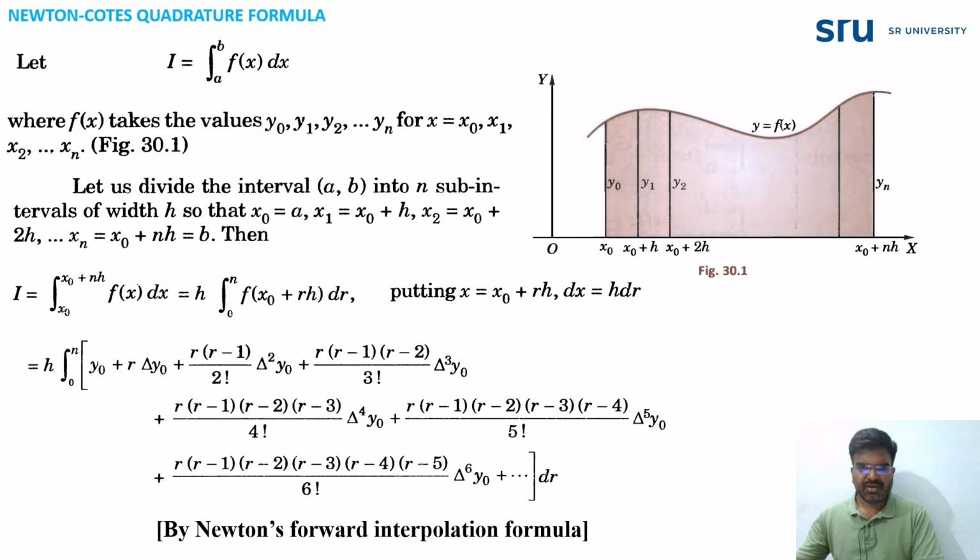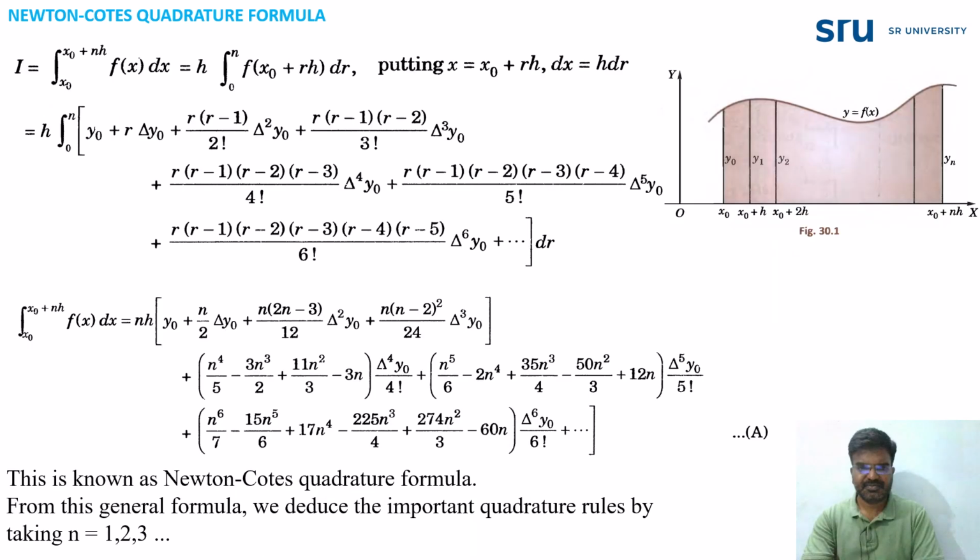We are using Newton's forward interpolation. See, we are approximating this function by using Newton's forward interpolation. This is Newton's forward interpolation formula. Now we have to integrate each and every term in this formula with respect to r. You can see the result here.